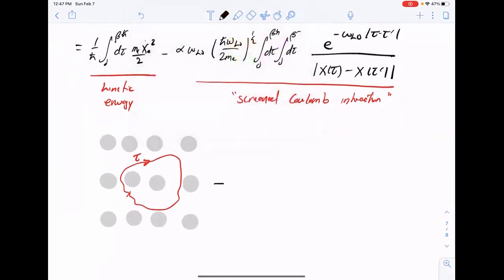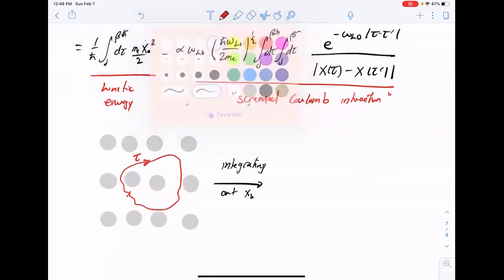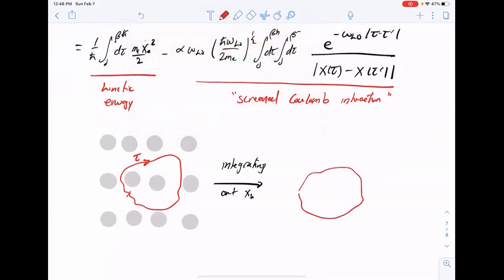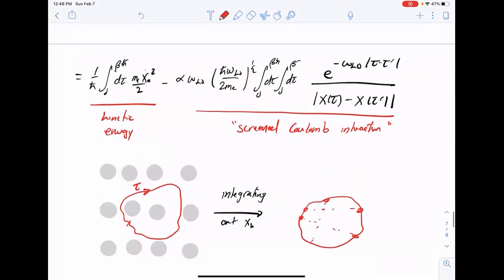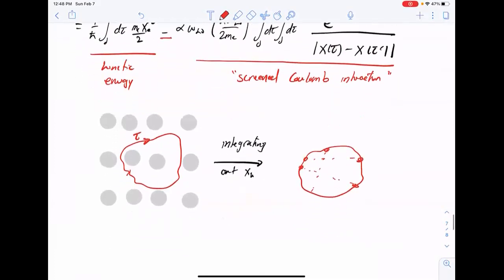Integrating out the phonons, we find we have an imaginary time path still, but now different points in that path interact with an attractive, it's got a minus there, alphas and omegas are strictly positive, everything else is strictly positive.